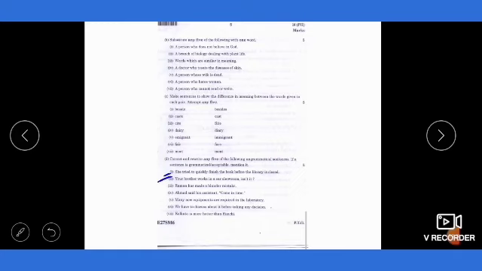Your brother works in a car showroom, isn't it? 3. Raman was made a blunder mistake. 4. Ahmed said his assistant come in time. 5. Many equipments are required in the laboratory. 6. We have to discuss about it before taking any decision. 7. Kolkata is more hotter than Ranchi. That was 4A, B, C and D.